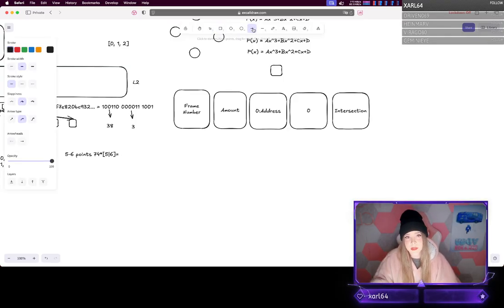Instead of just encoding this data as straight line data, where you have the frame number, which is 64 bits, so you encode that 64 bits, the amount's 32 bytes, you encode those just bit after bit, we actually pack it in a way that's a bit more efficient for constructing the kind of proofs that we're talking about.